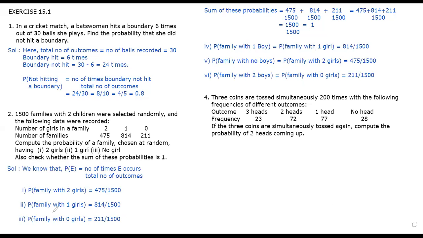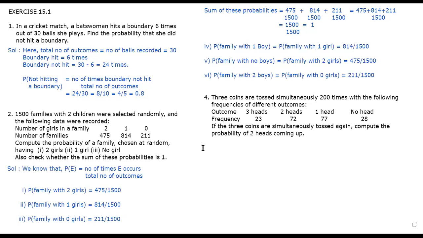So what is the probability? 72 upon 200. Yes or no? Yes, sir.